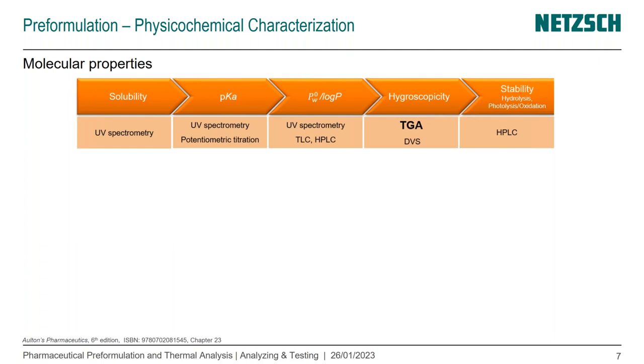And TGA and DVS are the methods for determining the hygroscopicity of a sample. These assays here are presented in the chronological order in which they have to be determined, as suggested in the Alton's Pharmaceutics book.